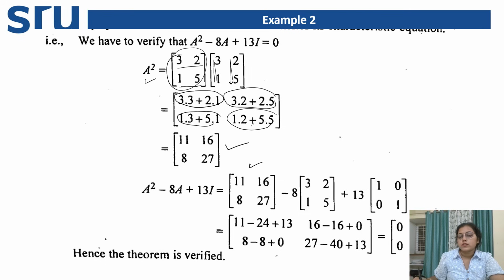Like the first 1 1 place, minus 8 multiplied by this column, so you get 8 into 3, that is 24. Then here 13 into 1, that is 13. So simply do the calculation. So you get 0 in every entry. So you get the zero matrix. So this is verified.